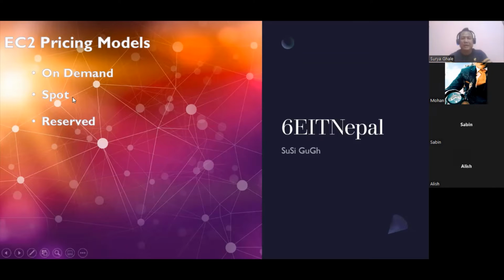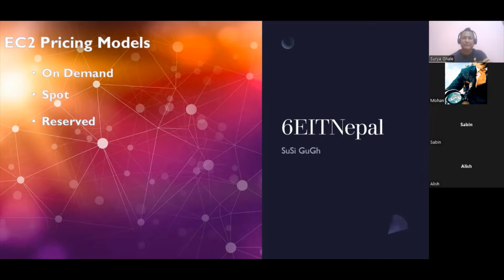Spot allocation has the highest discounts, up to 90% compared to on demand. But what is the disadvantage? If AWS requires the resources back, they can terminate your instance. I believe they give you 30 minutes of notification, and they can terminate your instance at any time.